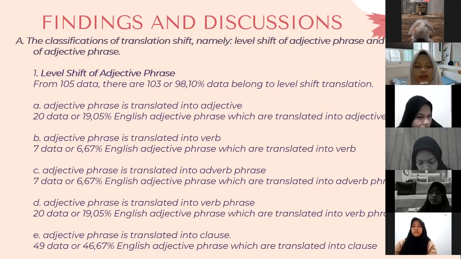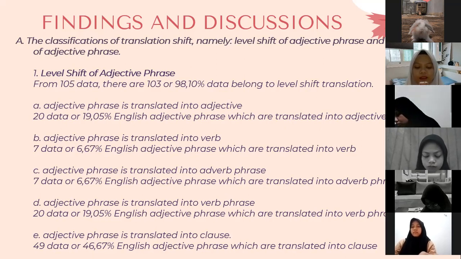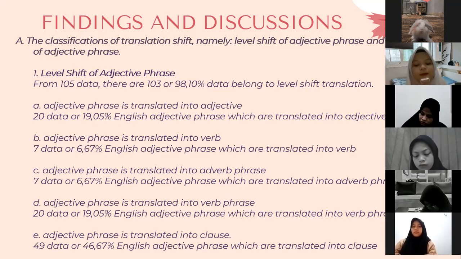There are 20 data or 19.5% English adjective phrases which are translated into verb phrase. The next is adjective phrase translated into clause. There are 49 data or 46.67% English adjective phrases which are translated into clauses.